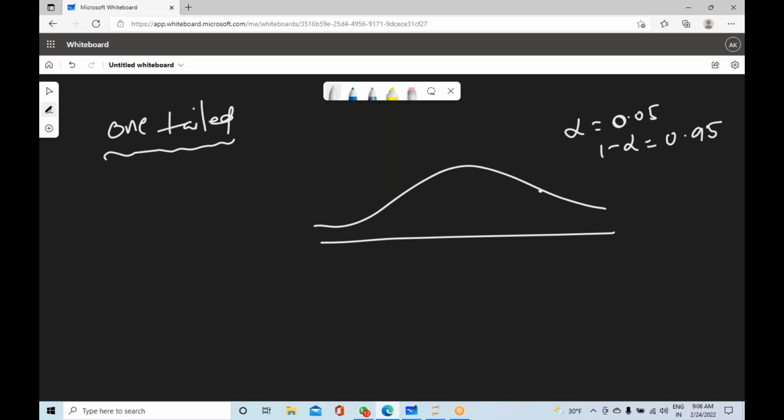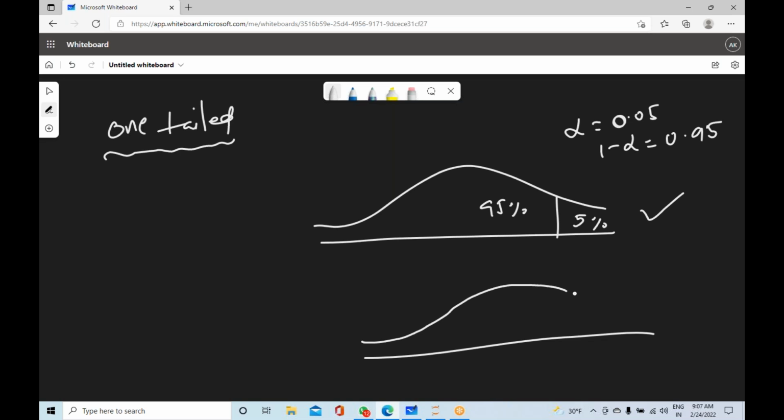That means if I go with one tail, 5% will be on this side and the rest, 95%, will be on this side. So this is one tail; we are considering only one side. Or, for example, 5% will be on the other side and the remaining 95% on this side. This is also one tail only.